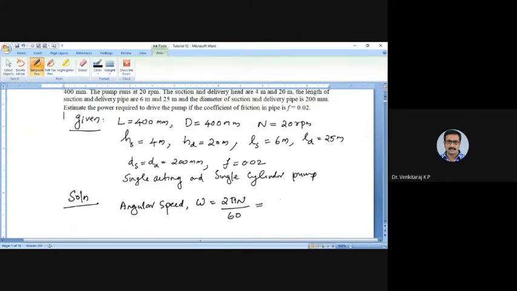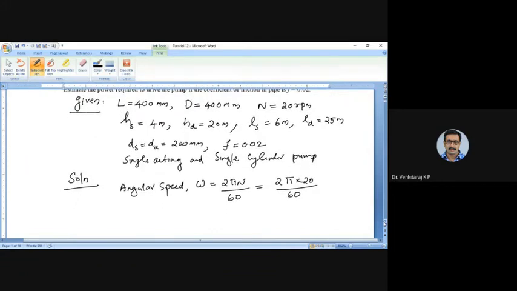So that is equal to 2 pi into 20 by 60. So after calculating, we will get this as equal to 2.093 radian per second.